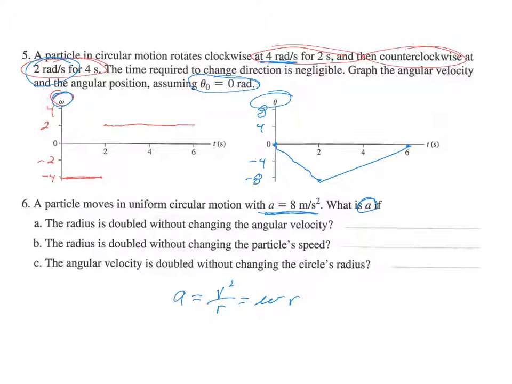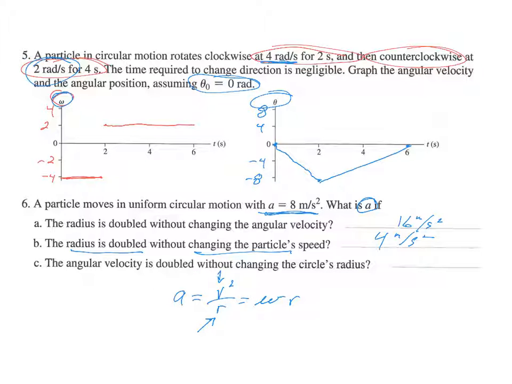I would get a change of 16 meters per second squared. The radius is doubled without changing the speed. If the radius goes up, the acceleration goes down. The radius went up by 2, so it's going to be cut in half. So 8 cut in half is 4.